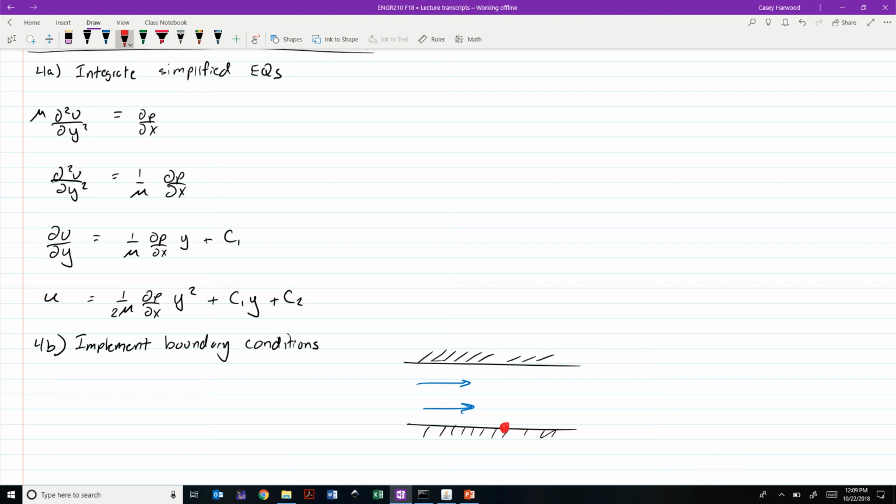We've got a no slip condition at y equals 0. And what can we say about it at the upper wall? Also 0. So we've got no slip at y equals h. We defined h as being the distance between these two blades. So those are our two boundary conditions.